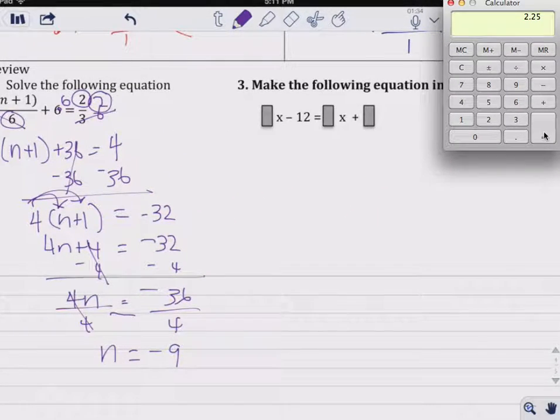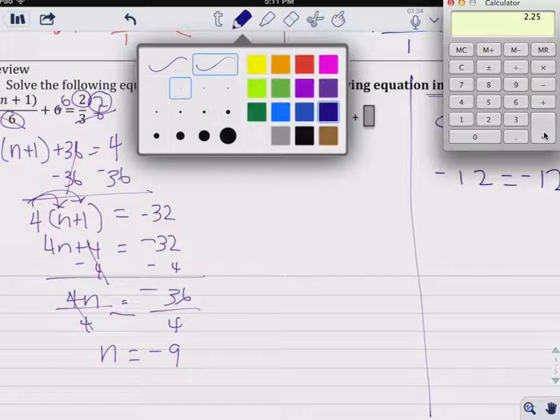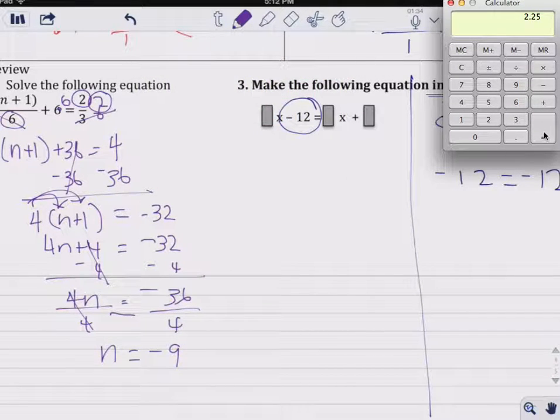Okay, remember, infinite solution is when it's like 5 equals 5. In this case, we got negative 12. Negative 12 has to equal negative 12 in order for this problem to work. So I can make this anything I want, just make the other x the same. Let's say I make it 115x. Well, right here, I have to make that 115x too, just like the one that is here.